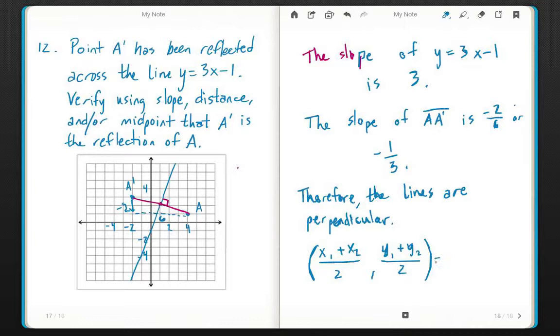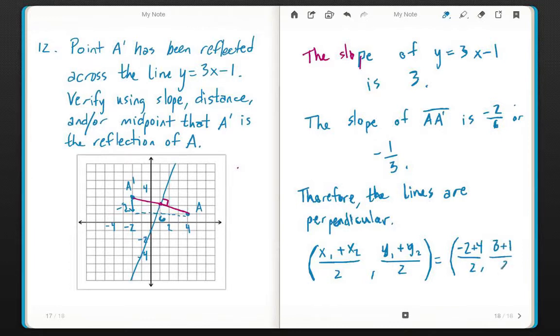In this case, our two x values are -2 and +4, and our two y values are 3 and 1.